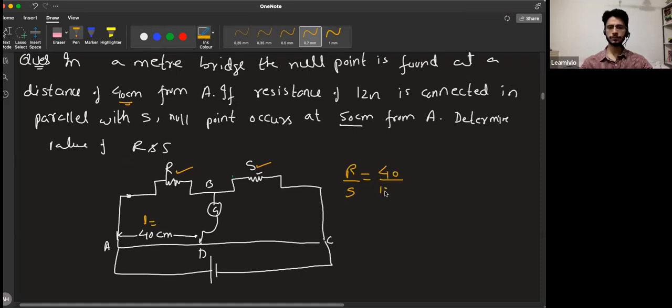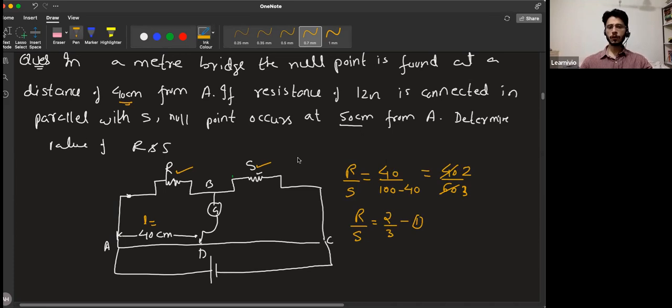Kinza, is it clear? Yes, sir. So we get 40 divided by 60. Dividing by 20, it's 2 by 3. So R by S is equal to 2 by 3.